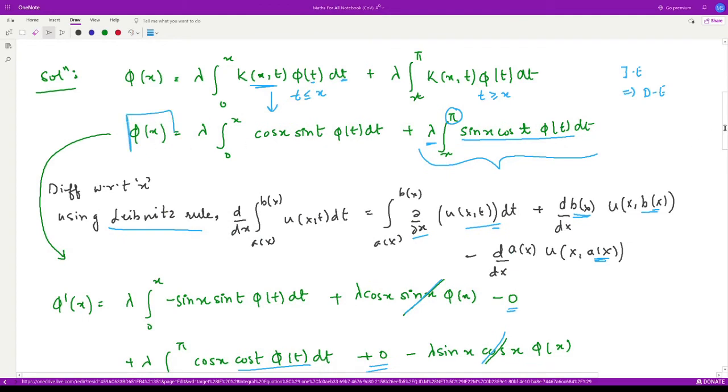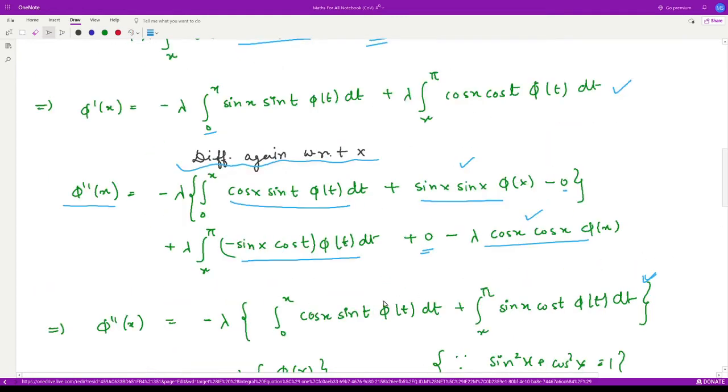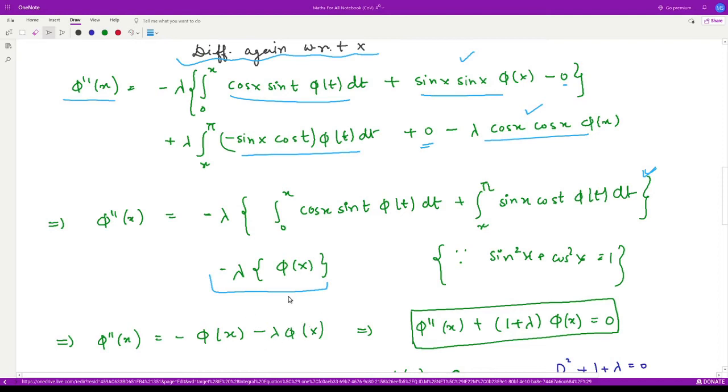So let us substitute it over here. So what do we have? We have phi double dash x equals minus phi of x minus lambda phi of x. Ultimately this is our equation, a second order differential equation.